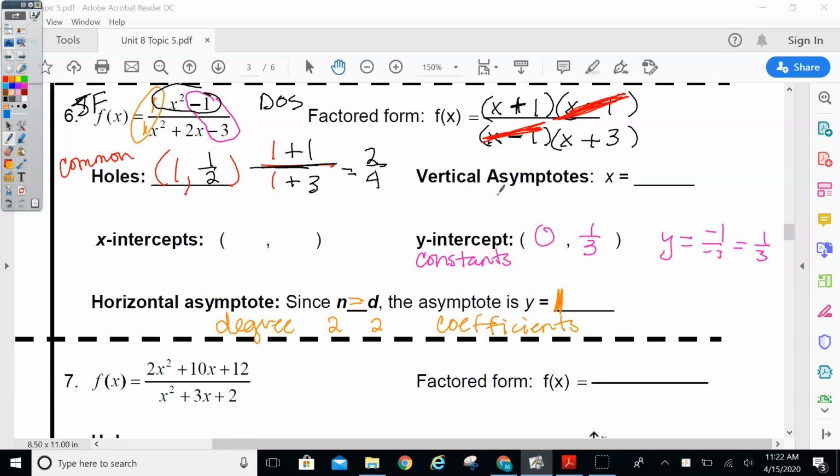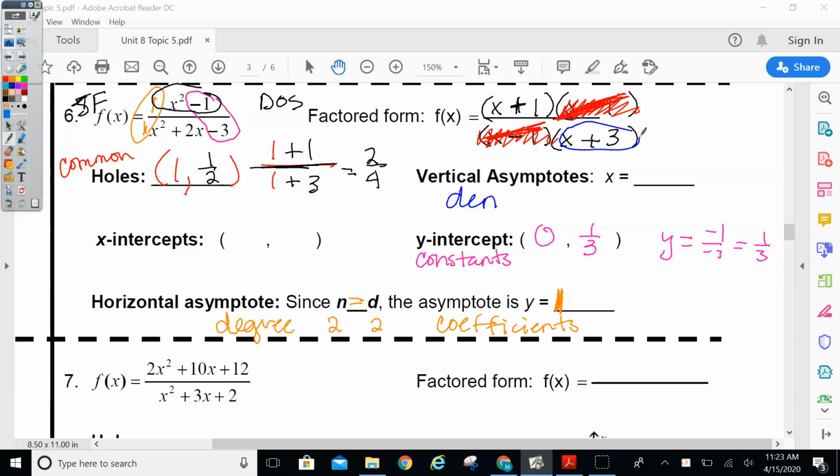To find the y-coordinate, if you need to, and you're not always going to have to, you plug in the hole to whatever is left over after you cancel out the common factor. So now this goes away and this goes away. And the vertical asymptotes are the remaining factors in the denominator.